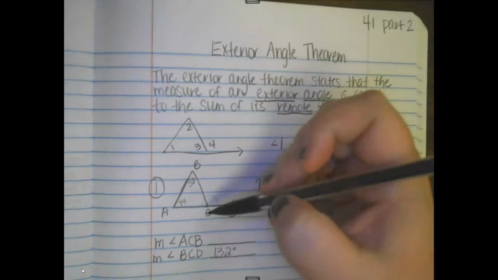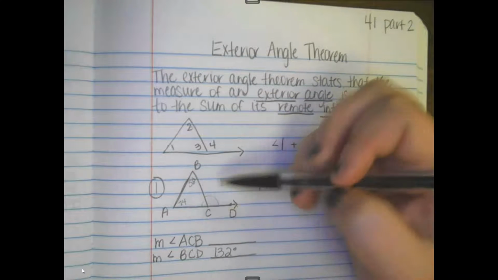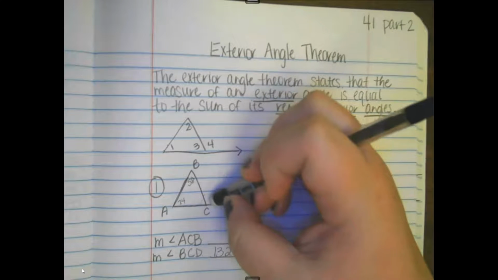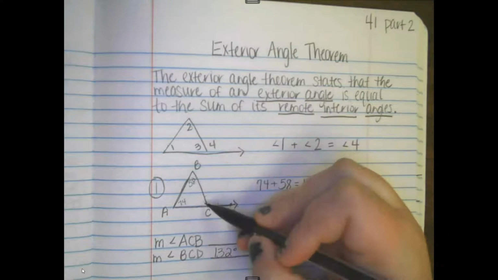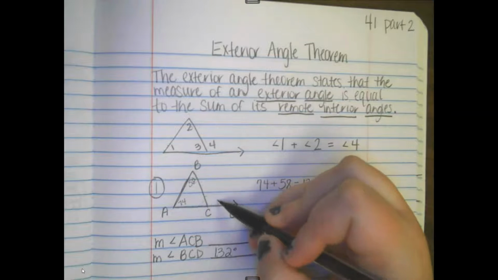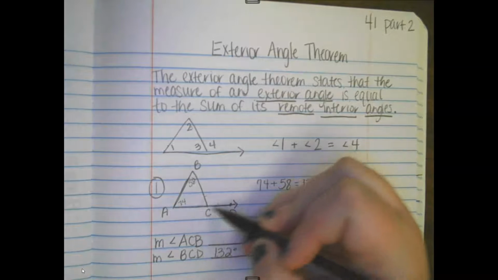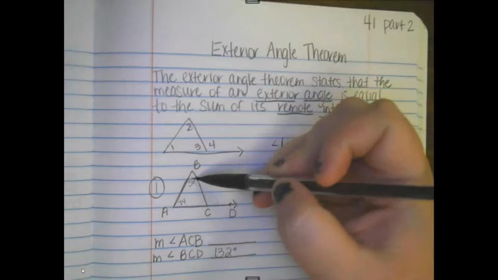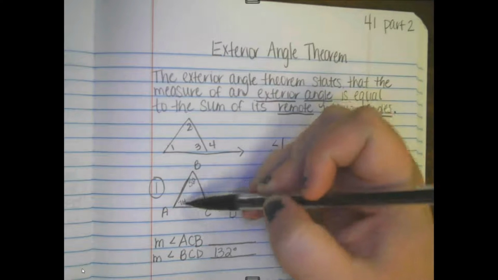ACB, we have two ways to figure it out. We can use supplementary angles. We talked about it earlier in this. You also learned it in 6th grade. Supplementary says that two angles that come together that make a straight line are going to equal 180 degrees. We also learned that all three angles of a triangle are going to equal 180.